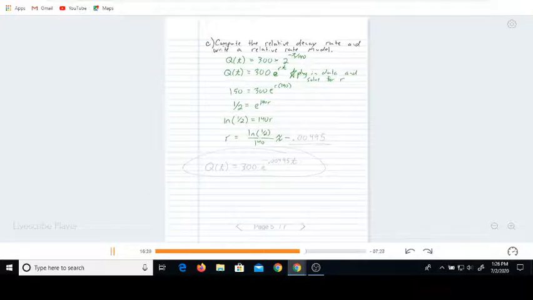Remember, if it's decaying, that rate will be negative, and it's 0.00495. So the related rate model will be quantity at time t equals 300 times e raised to the negative 0.00495 t. And there's our related rate model based on that rate.